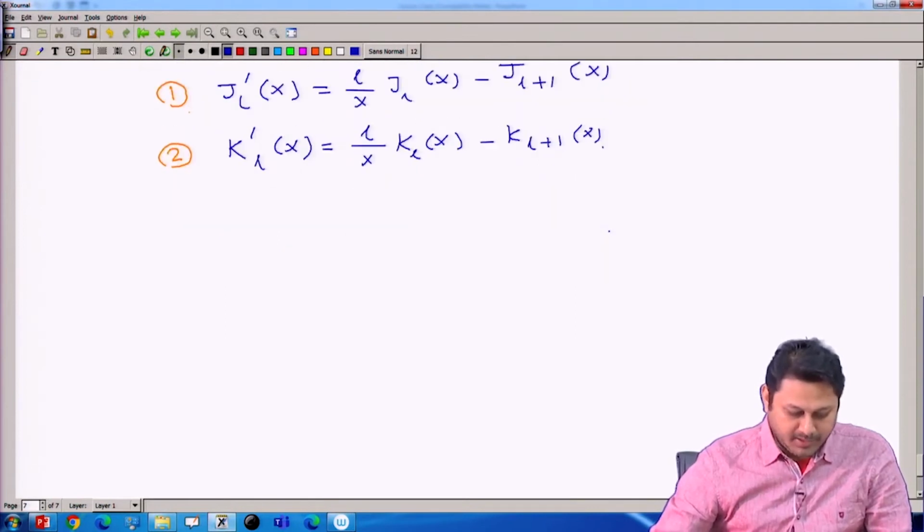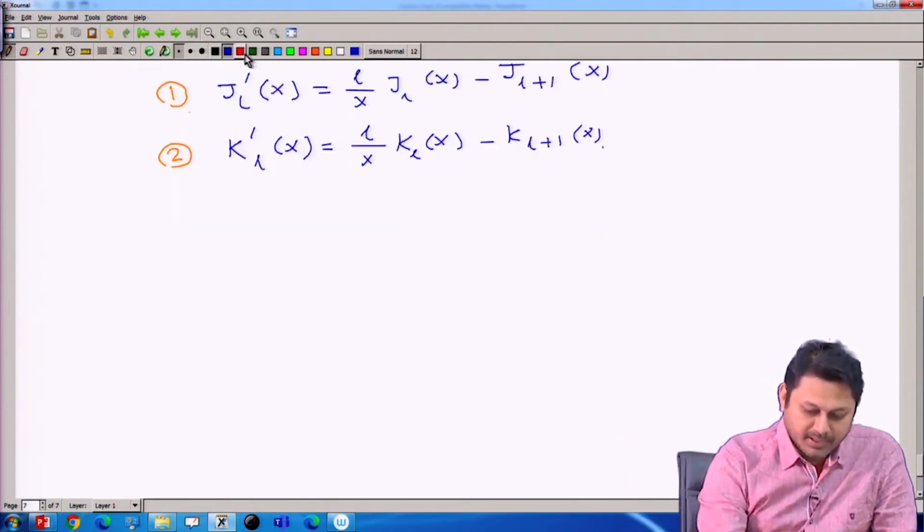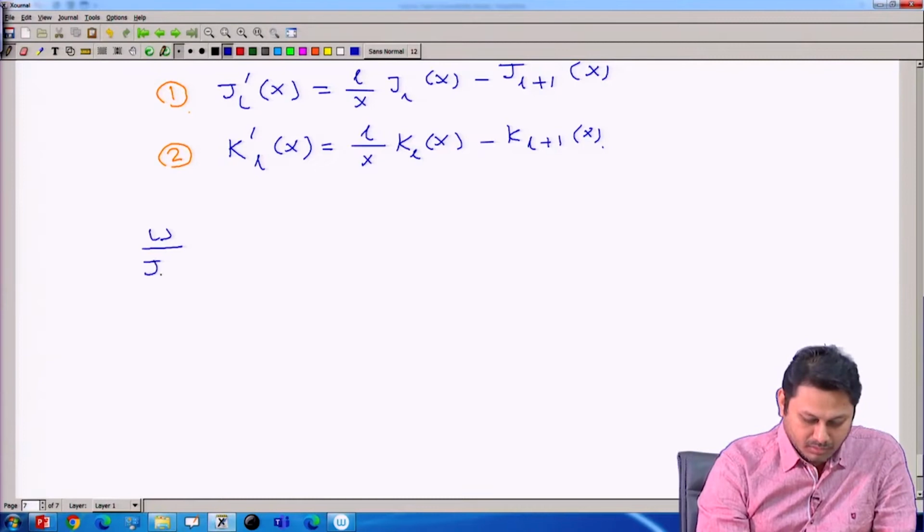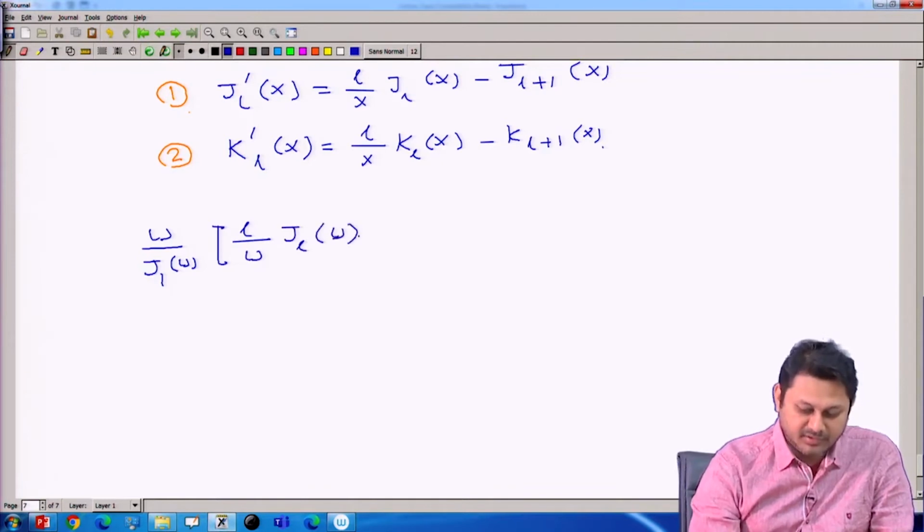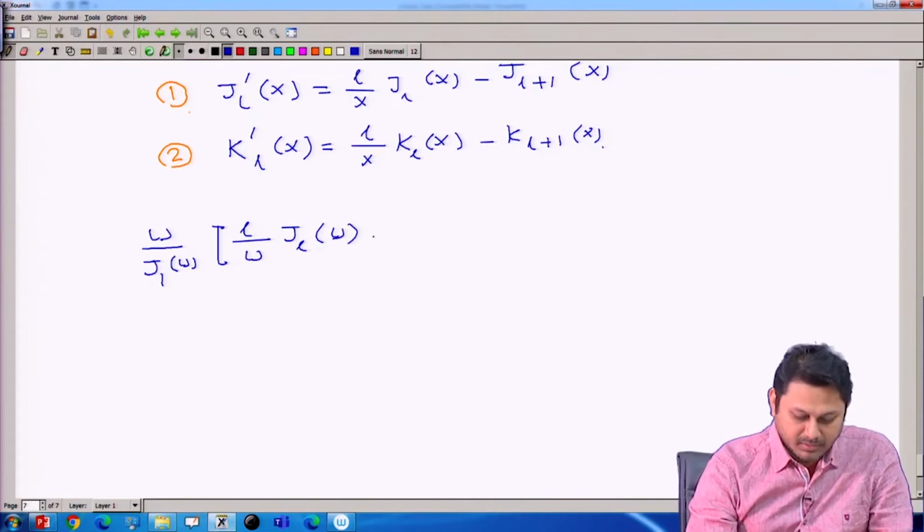So, using this 1 and 2 I can write it as this, replacing x with u, because my u is my variable here.